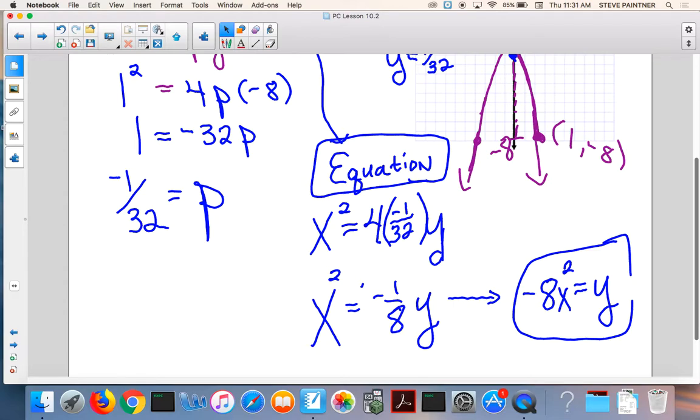You're given two lines, and each line has an angle that they make. So we're always looking for the angle.